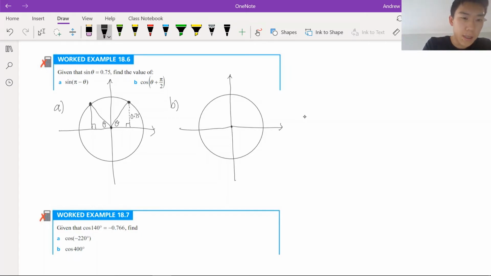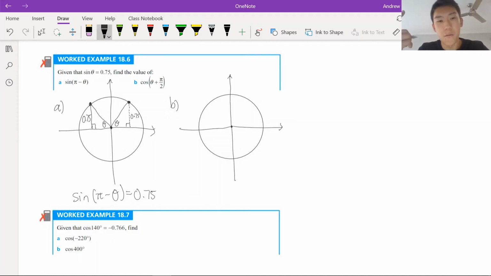So that means this side of my second triangle here is still 0.75. It hasn't changed. So that means sine pi take theta is still 0.75. And it's positive because we're going in the positive direction of the y-axis. We're going upwards.